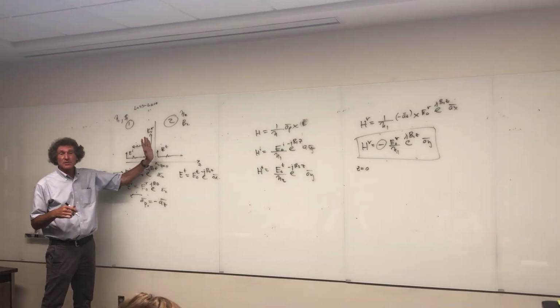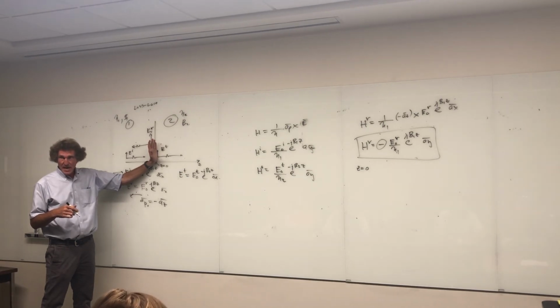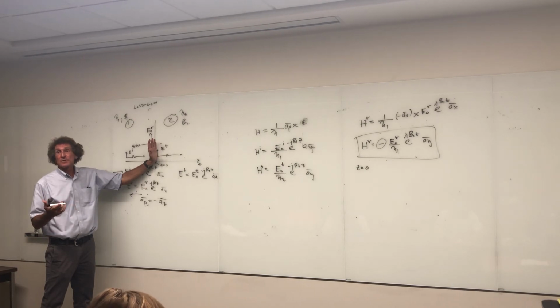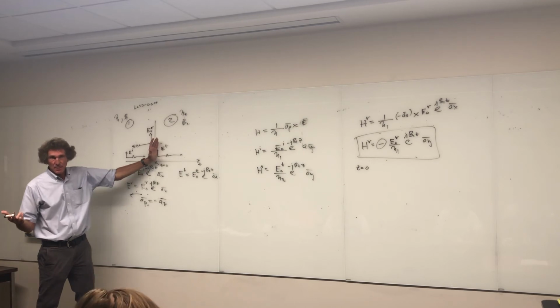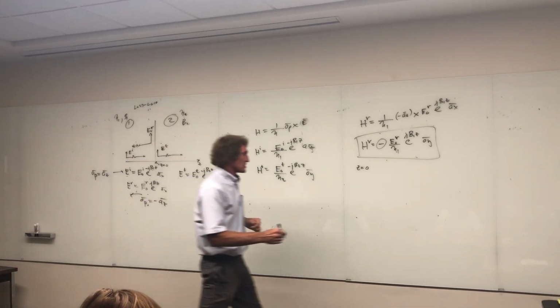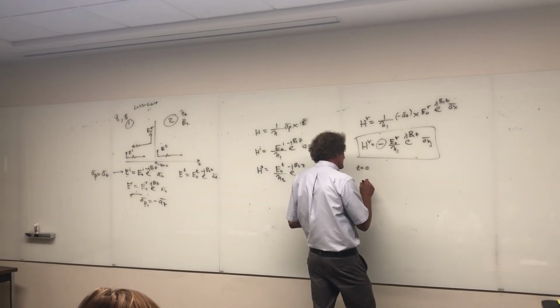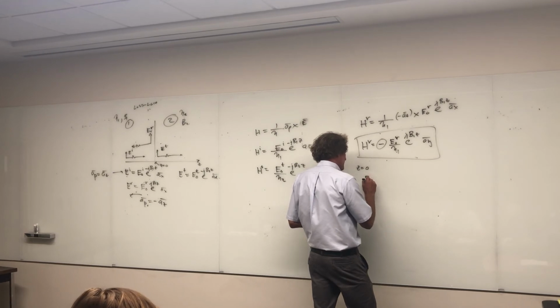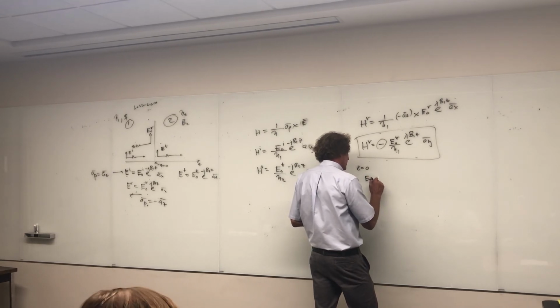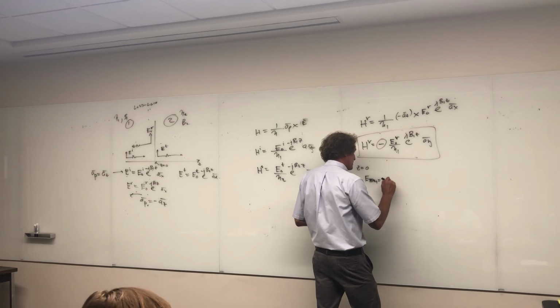H tan 1 is H tan 2. The tangent electric fields across any region of space are the same. And E tan 1 is E tan 2. The tangent electric fields are the same, the tangent magnetic fields, I should say, H tan 1 is H tan 2. Correct, class? So at z equals 0, E tan 1 equals E tan 2.